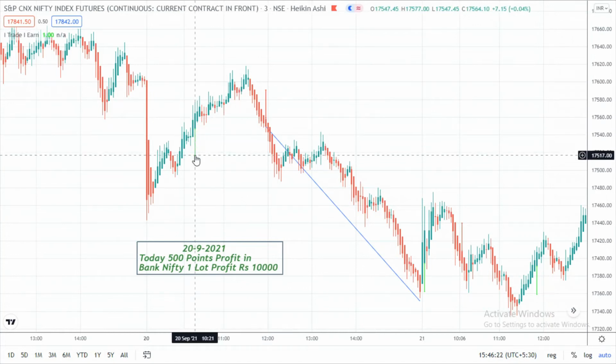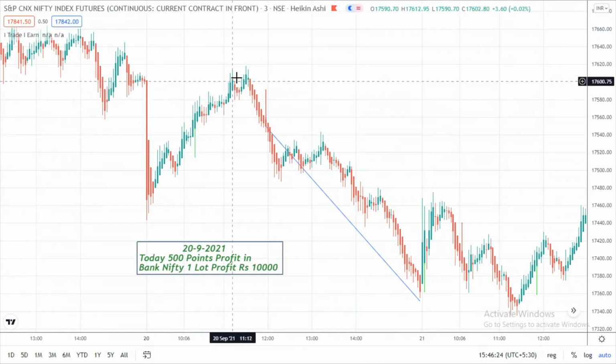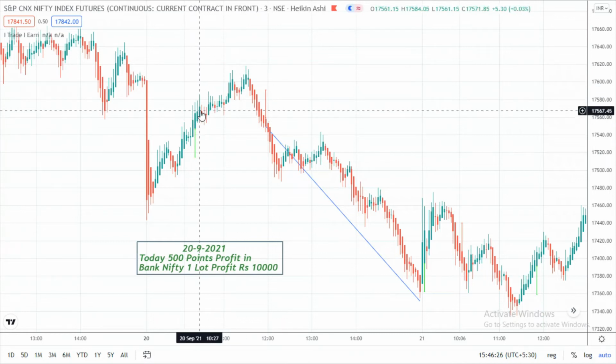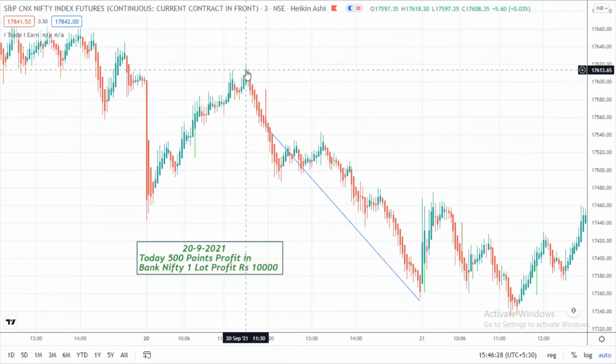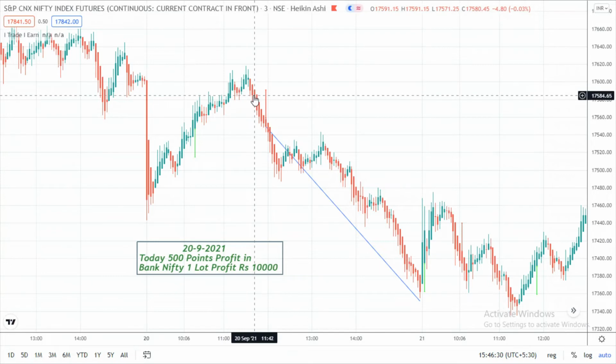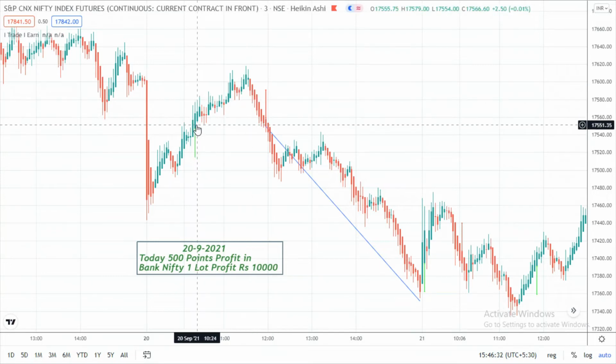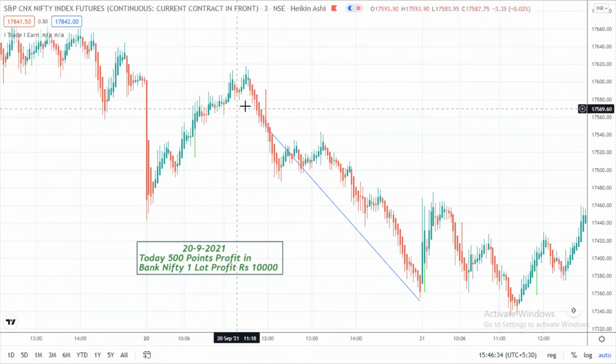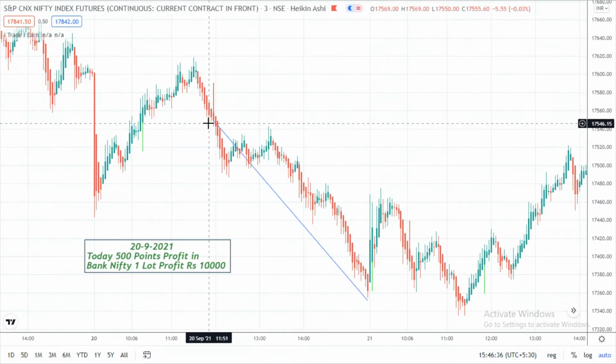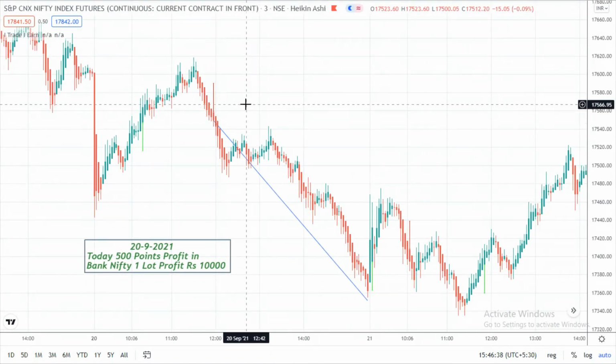When you buy on this candle and it goes up, and you see it coming down again, you can modify your stop loss to your buying position. Sometimes you will get profit, sometimes you will also lose, but the profit is pretty big.